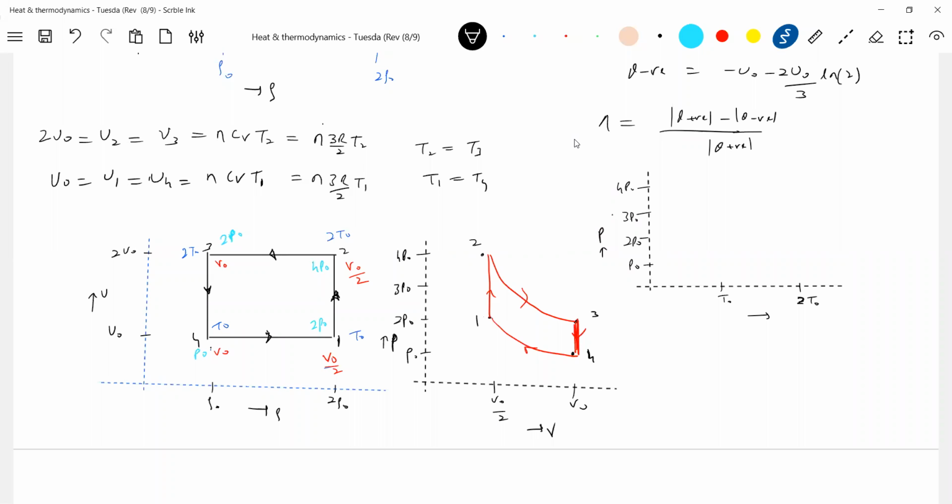P naught, T naught, point 4. 2 P naught, T naught, point 1. 4 P naught, 2 T naught, point 2. 2 P naught, 2 T naught, point 3.